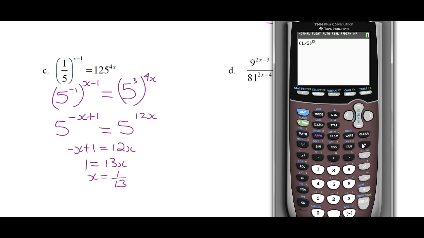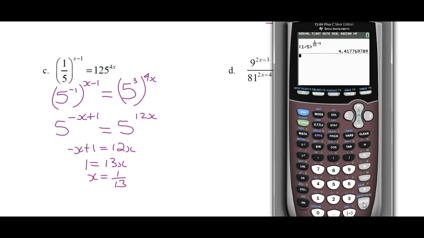How do you get a fraction on this thing? Oh, here we go. 1, okay, so 1/13. Then minus 1.